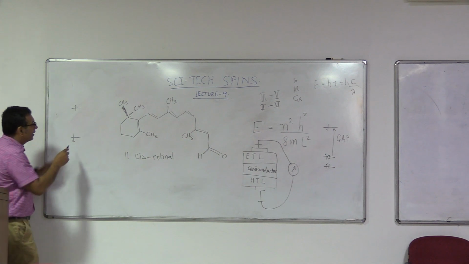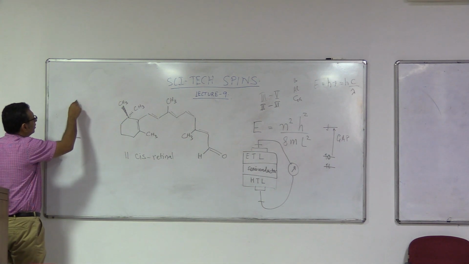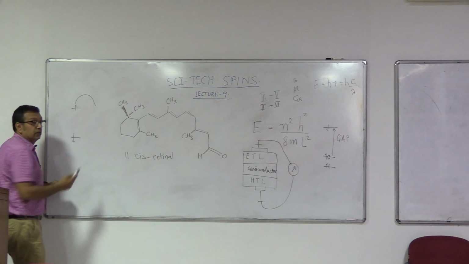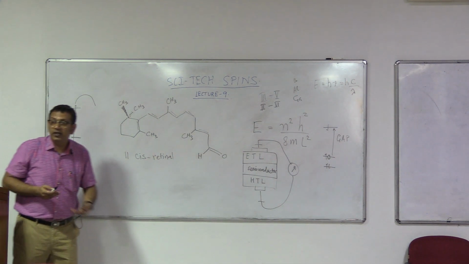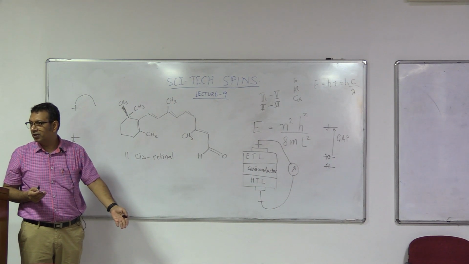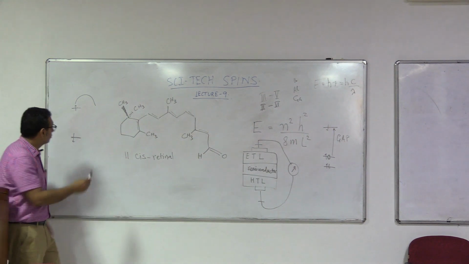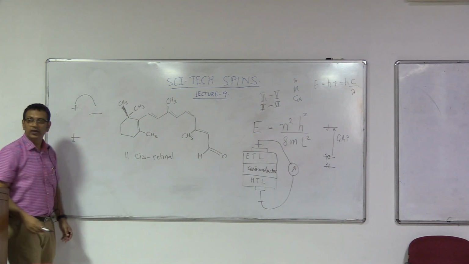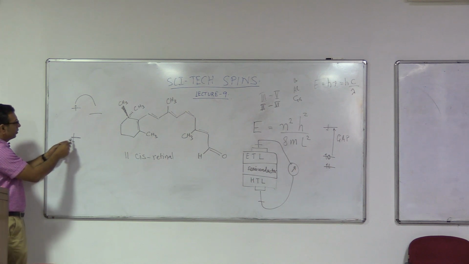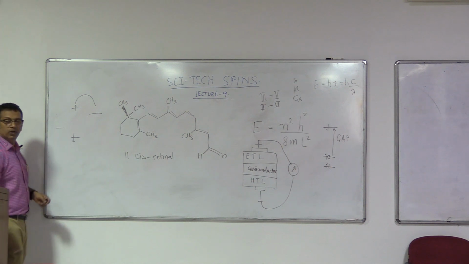Now, I want this electron to go over to the electron transport layer. Things can move only if they're lazy things, just like you and me. Always want to go down to a lower energy. This fellow is also lazy, wants to go lower.